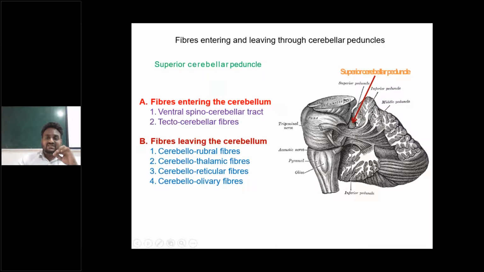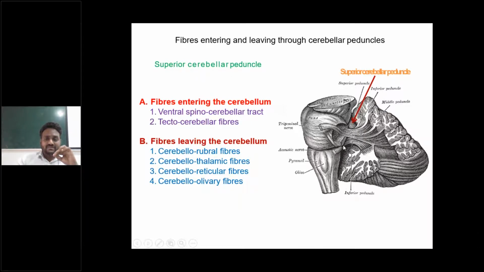These two consist of both afferent and efferent fibers, that means input and output fibers of the cerebellum. Once again, the MCP consists only of input fibers, while the SCP and ICP are mixed, consisting of both input and output fibers.